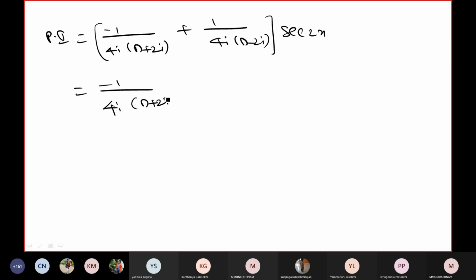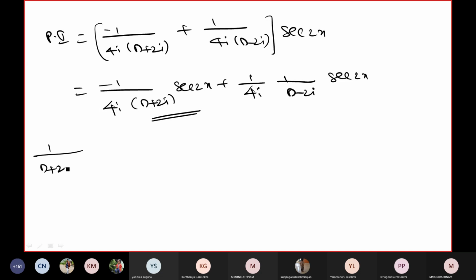D plus 2i into secant 2x. This will be e power minus 2ix. Consider this part, integral of secant 2x into e power 2ix dx.